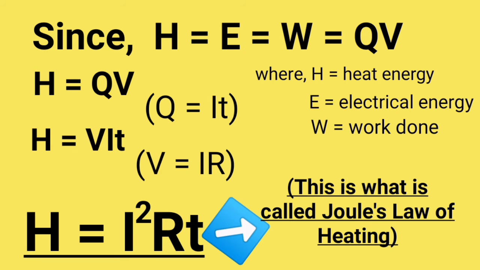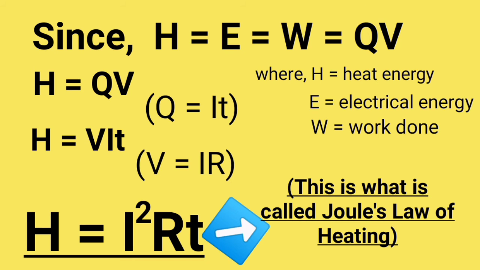So here we go. As you can see in this new slide, heat energy represented by H is equal to electrical energy, represented by E. So H is equal to E is equal to W, that is work done by the source. And you know the formula W is equal to QV. You must have read it in the previous part of this chapter.